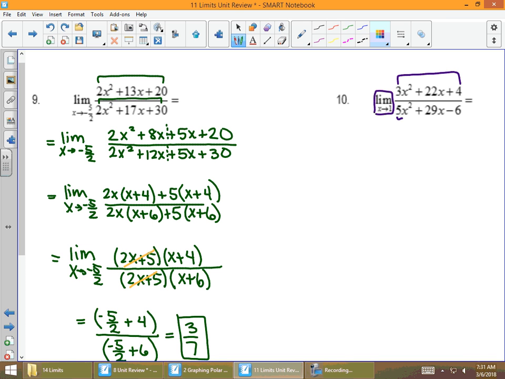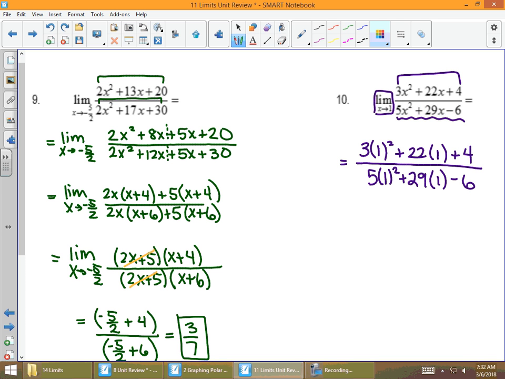And when I'm looking at this denominator, I think I'm going to be safe to go ahead and plug that in. So I'm going to try it. So 3 times 1 squared plus 22 times 1 plus 4 all over 5 times 1 squared plus 29 times 1 minus 6.